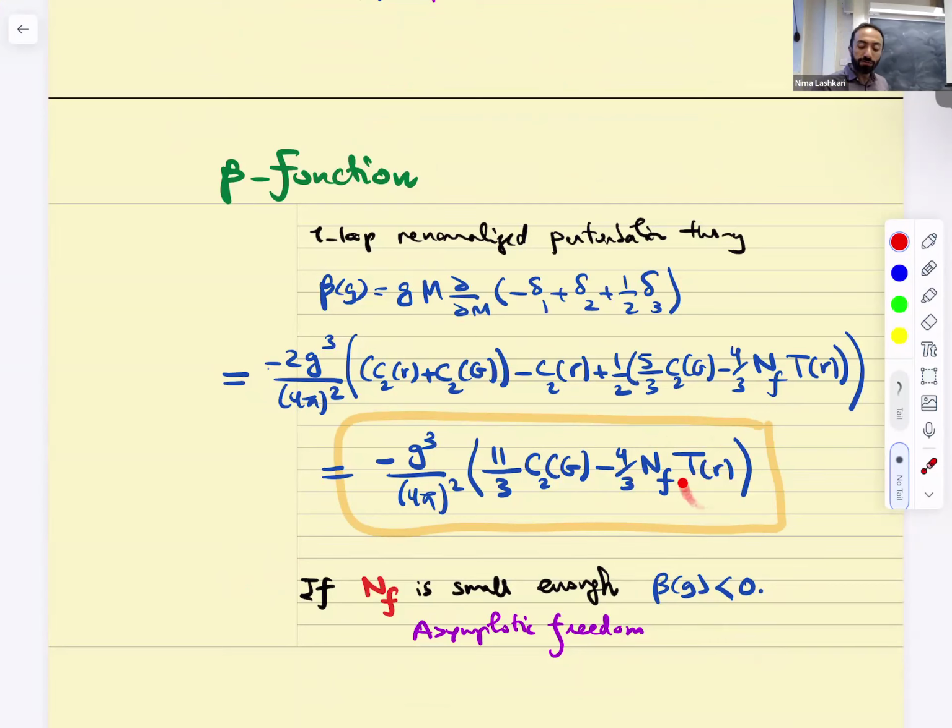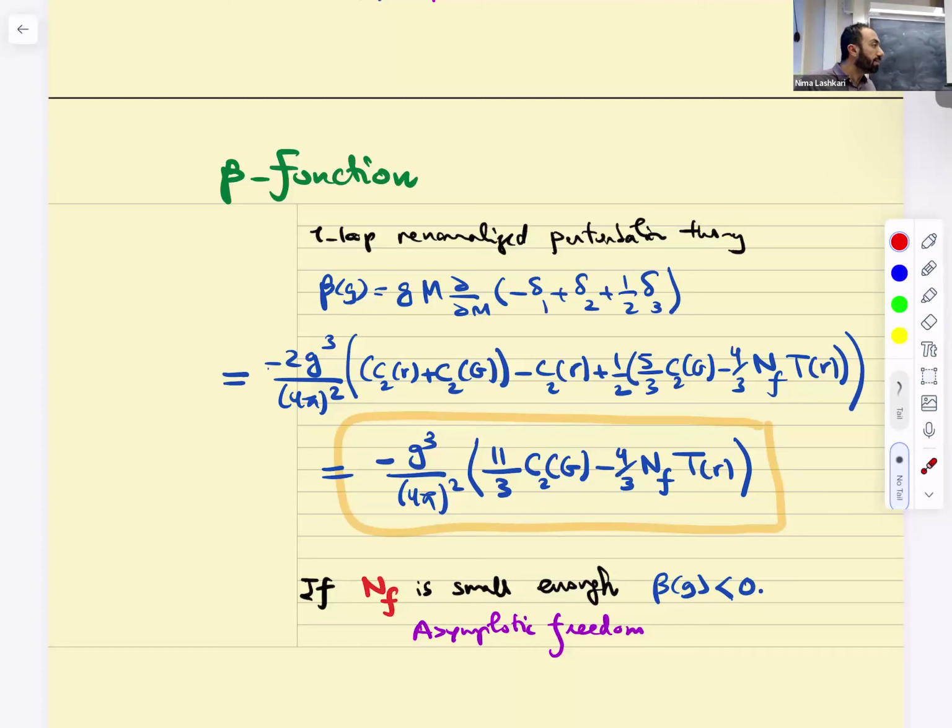So if we're in fundamental, anti-fundamental representation, what is T of R? Half. What is C2 of G for gauge group SU(N)? N. Right.